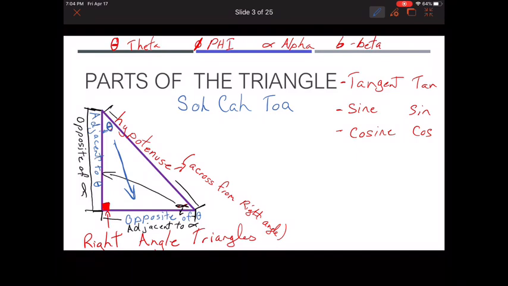So we're talking about tangent today, but in order to teach SOHCAHTOA, I'll start with sine. So sine of an angle, so sine theta, equals opposite over hypotenuse.